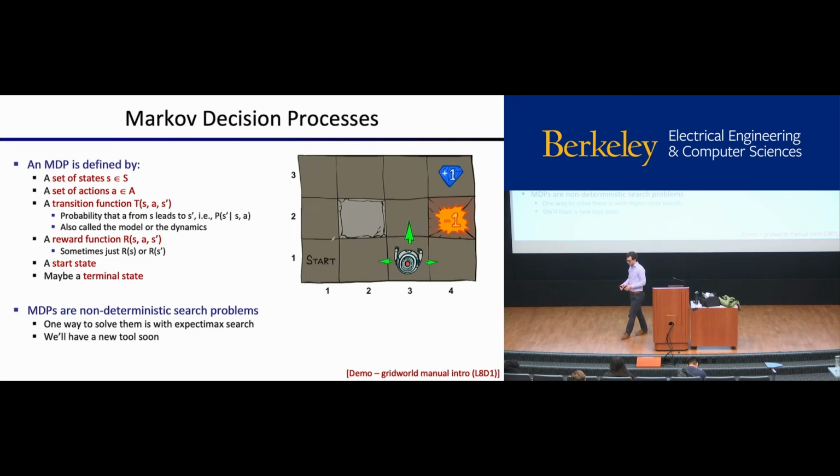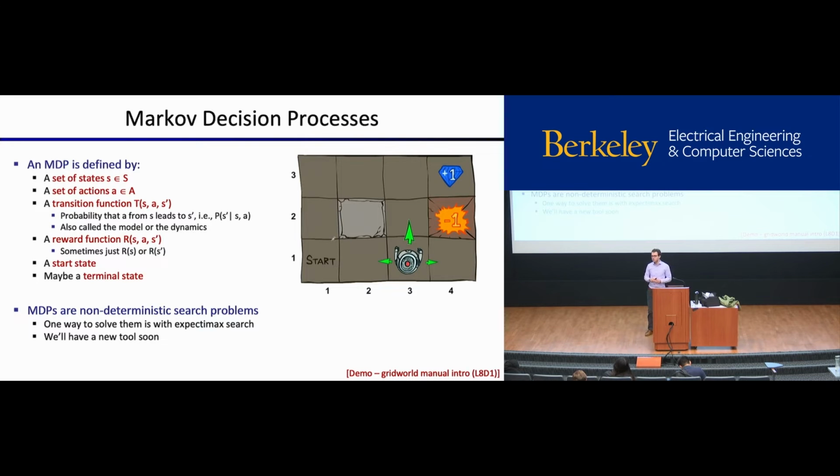So let's put some math in there. We always love math, right? This is going to look very similar to the model of search that we saw before. We have a bunch of states, we'll call them S's. We have a bunch of actions, we'll call them A's. Now, instead of a successor function, which told us the deterministic next state for a given action and state, we're going to have a transition function, T, which takes in a state, an action, and a next state.